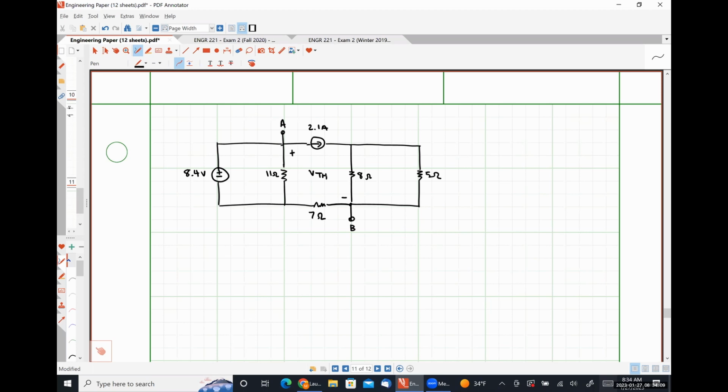Do you have a preference of where you would like to see ground placed? Make the ground terminal at A or on the other side of the current source. That's fine.